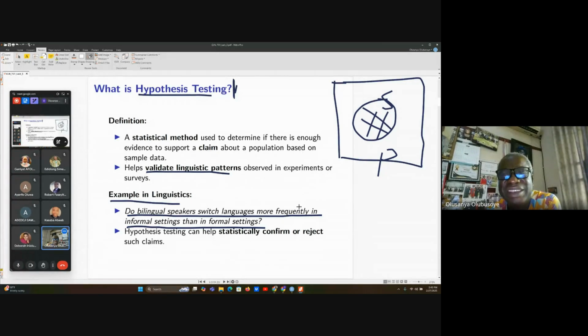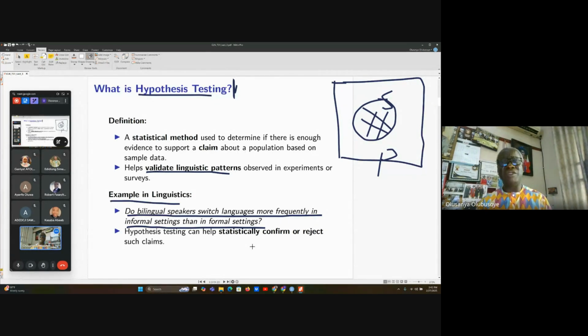Beyond that, given a specific environment or a specific group of speakers, we can now study their language switching frequency statistically and see whether, when they are in informal settings, they switch languages so frequently or not.